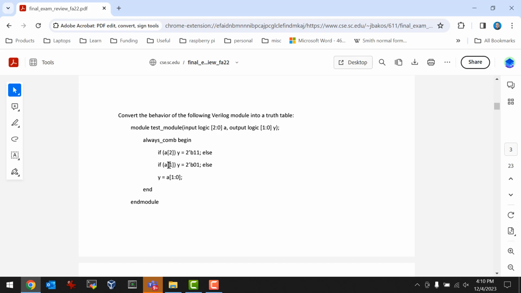So, A and Y: 0, 0, 0, 0, 0, 1, 0, 1, 0, 1, 0, 1, 1, 1, 0, 0, 1, 0, 1, 1, 1, 0, 1, 1, 1. So for these inputs, Y is going to be 1, 1, right? Now, because it's an if-then-else, it's prioritized, right?